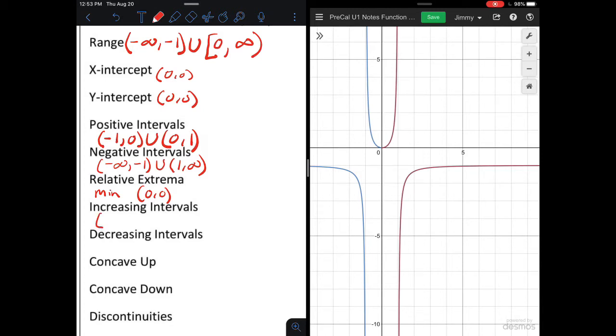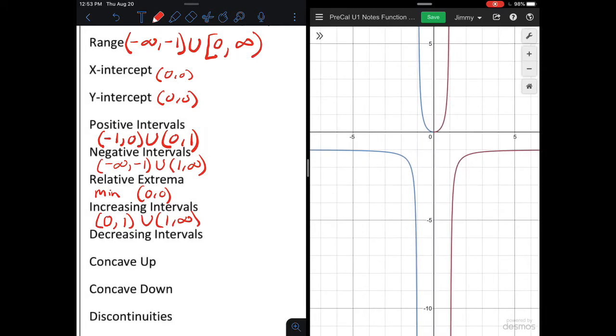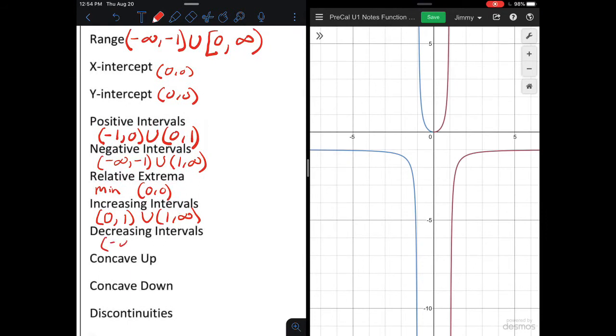So our increasing intervals would go from 0. I have to exclude 0 because 0 is neither increasing nor decreasing. 0 to 1 and 1 to infinity. And everywhere else that is not colored, what's left in blue, would be considered decreasing. So we'd go from negative infinity to negative 1, and then negative 1 to 0.